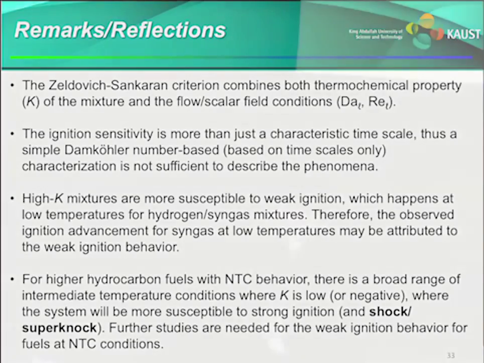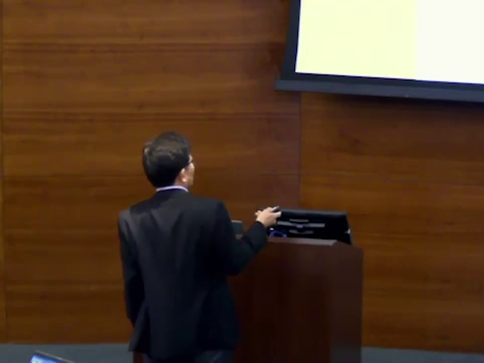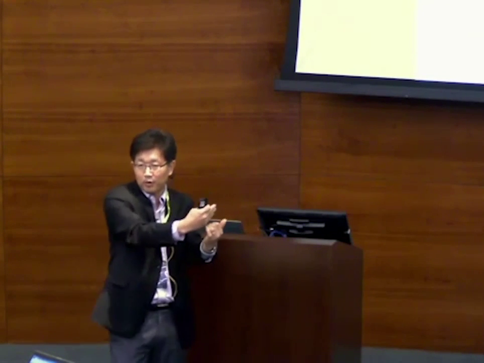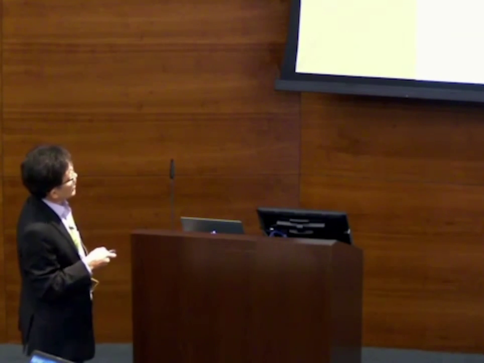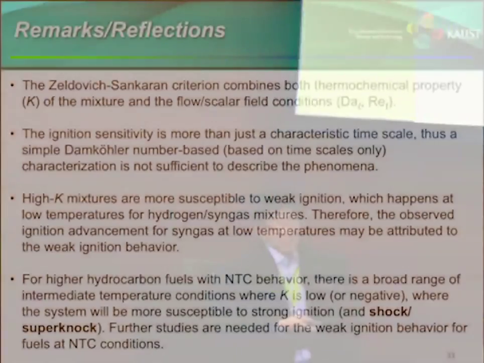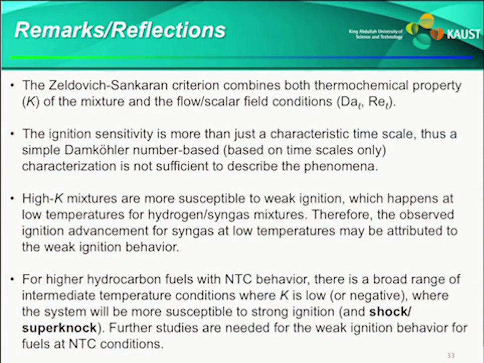High K, meaning higher ignition sensitivity mixtures, are more susceptible to weak ignition because the neighboring mixture will be more dormant until significant propagation happens. That is the case for hydrogen and syngas mixtures. That confirms our original hypothesis that what we observed in the syngas experiment was mainly due to this pre-ignition followed by front propagation.